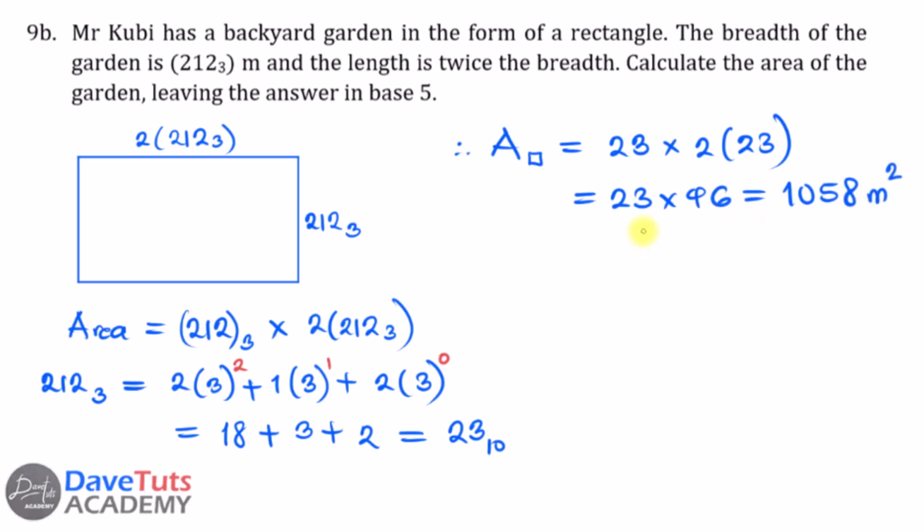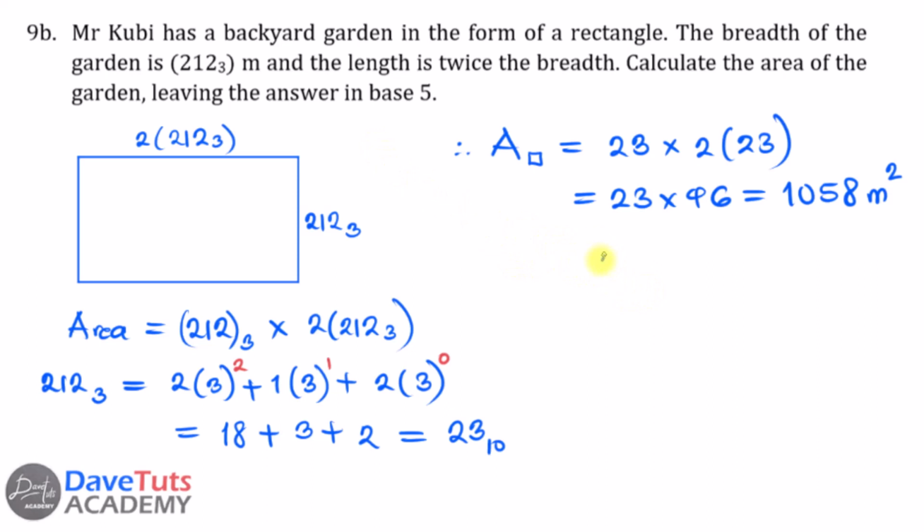But we are not asked to get the area in base 10. We are asked to leave the answer in base 5. For us to do that, we just need to divide this particular area by 5, and we take the remainder. That's going to give us the answer in base 5.